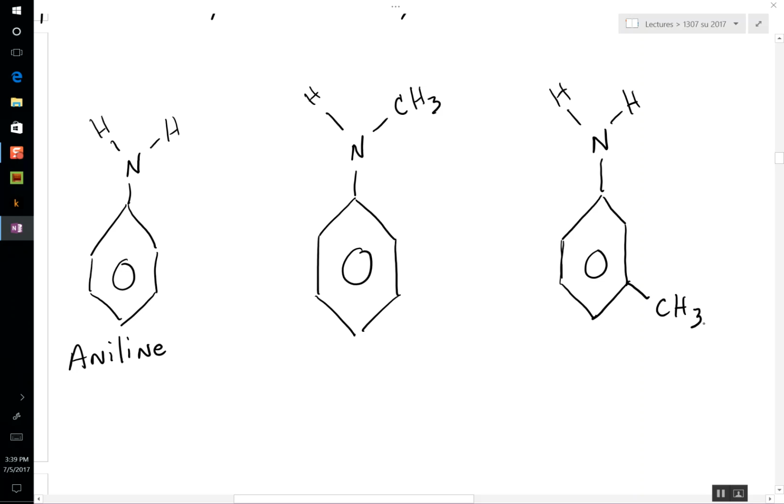Okay, there we go. We got 3 molecules here. This is aniline. Now we've put a methyl group on aniline, but we put it in 2 different places. In this one, we put it on the nitrogen, and in here we put it on the benzene ring. Now, if you analyze those molecules for a minute, you would find out that they have the same exact molecular formula.